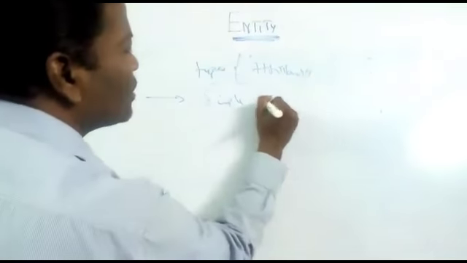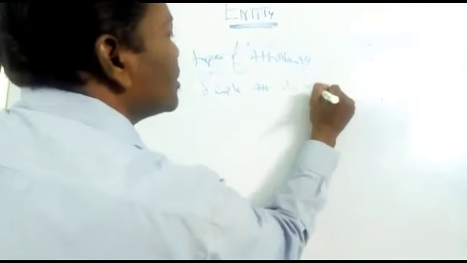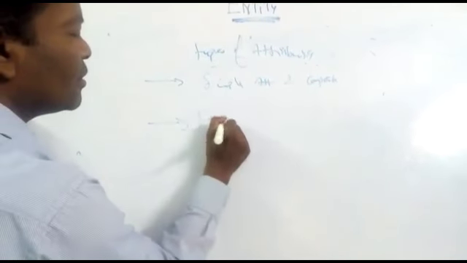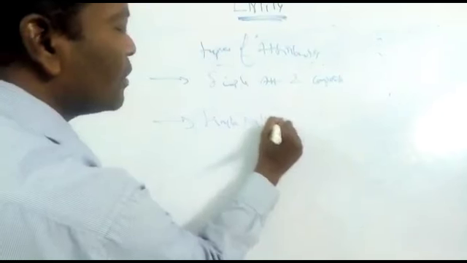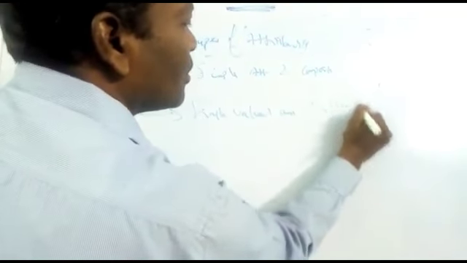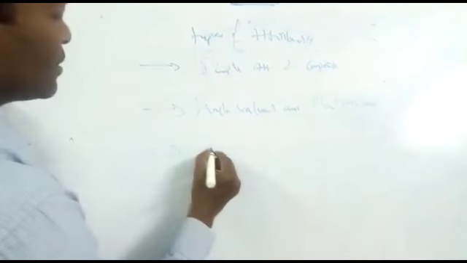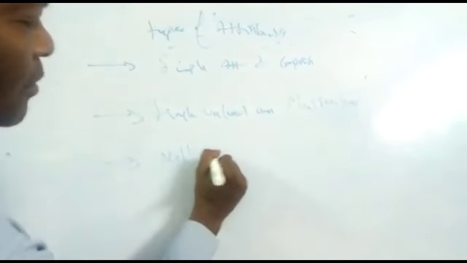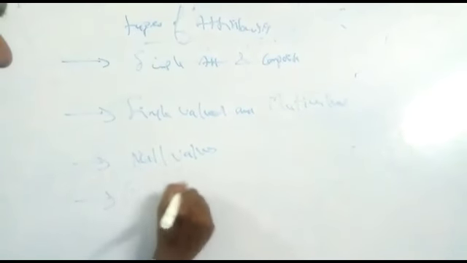The second one is single-valued and multi-valued. The next one is null values. And the next one is derived attributes.